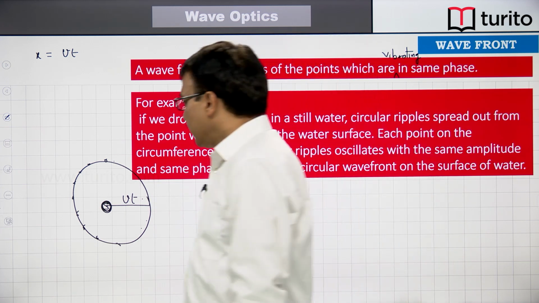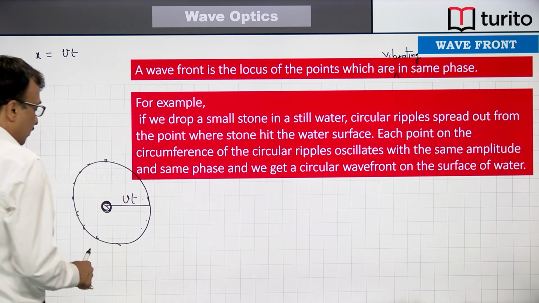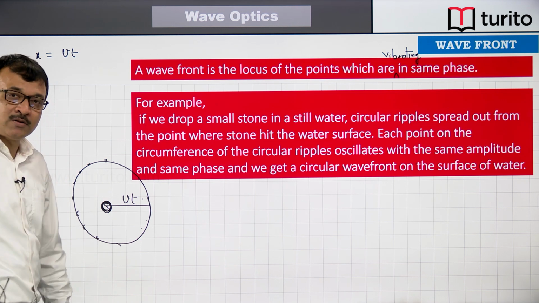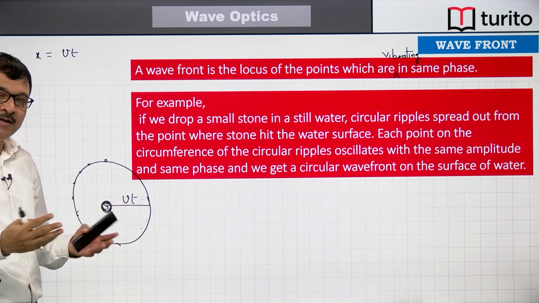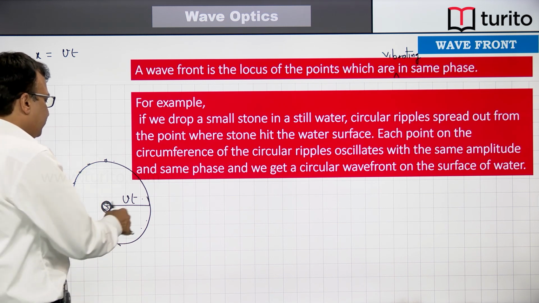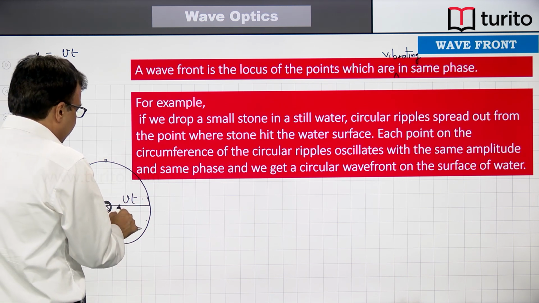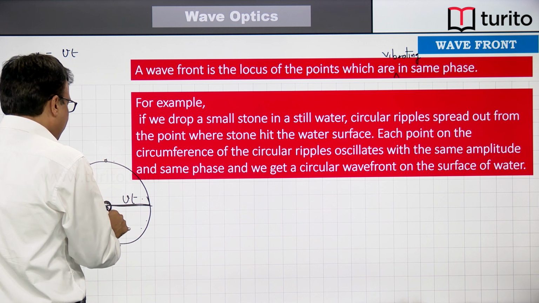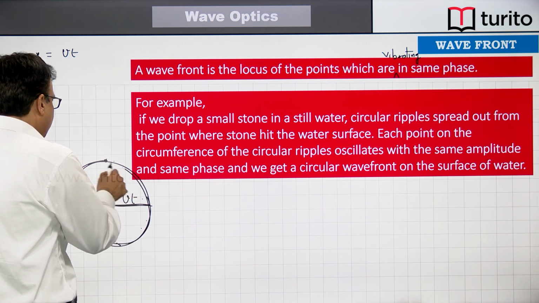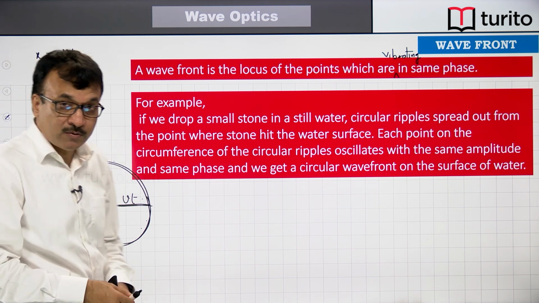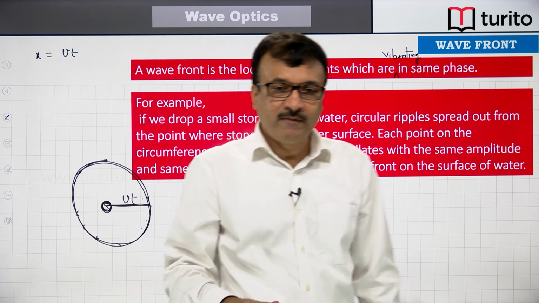Why? Because earlier, t time before, all the particles were at this source, so they were in the same phase. Now after time t, I have selected Vt distance from the source, so all the particles which are at the same distance from the source will be oscillating in the same phase.